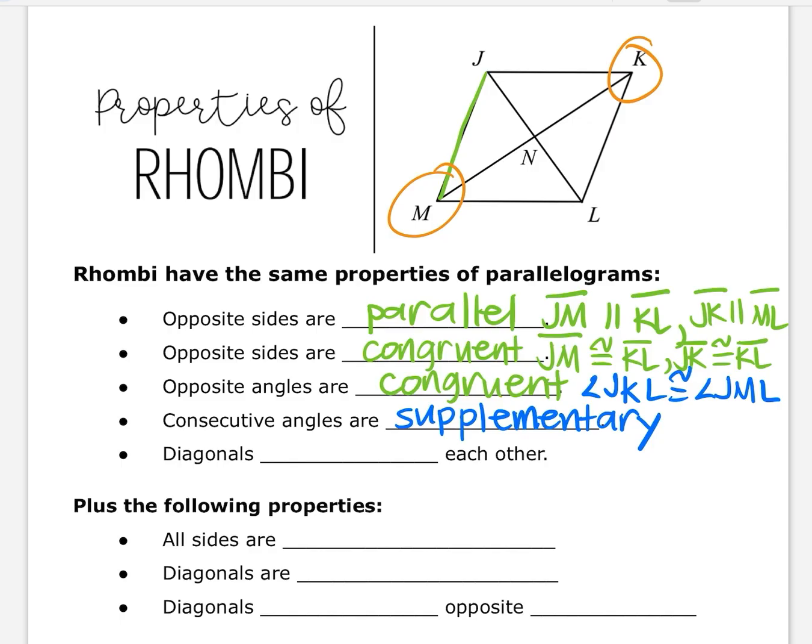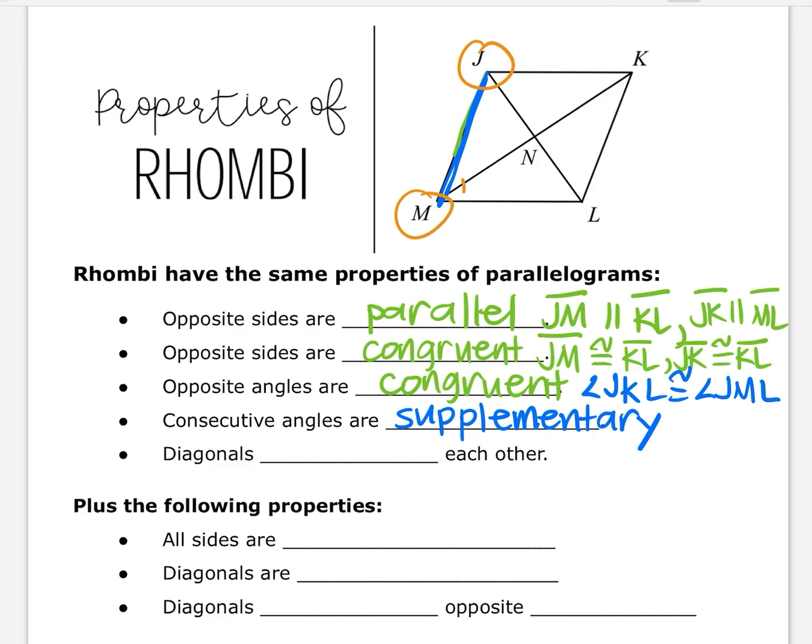If I go back to the figure, focusing on this side, the angles that are considered consecutive are J and M. So angle J plus angle M is equal to 180 degrees. That is one example, as long as they share a common side.